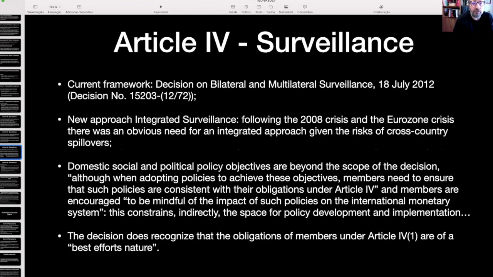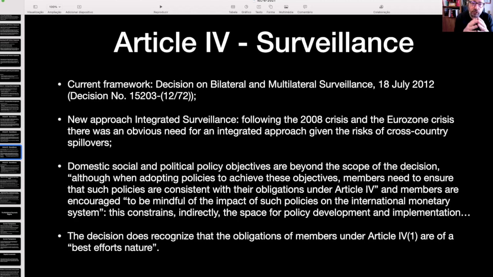Okay, so the current framework for supervision is set out in this July 2012 decision on bilateral and multilateral surveillance. Because of the financial crisis in 2008, which showed that even with surveillance, the economic crisis surprised most economic actors in the world, they created a so-called integrated surveillance approach.